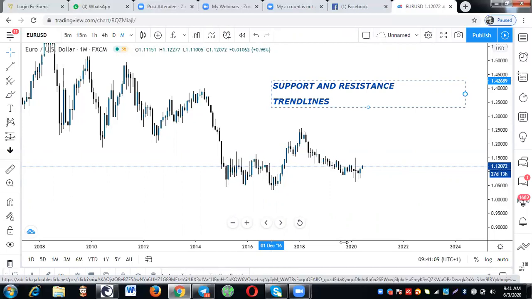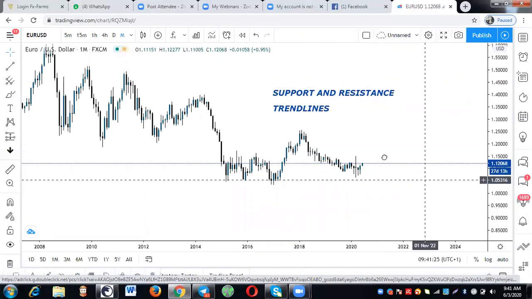So the areas where you have more interaction or more reaction or reversal, those are very strong support regions or zones for that particular pair. So these are zones you have to watch out for. Whenever price gets there, price turns back.